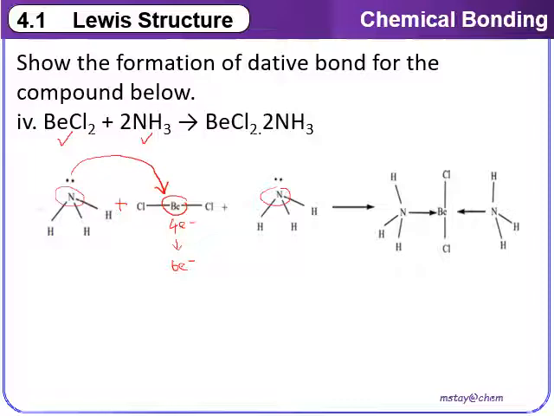So another lone pair from the ammonia will be shared with the beryllium, and in the end the beryllium has 8 electrons like this. 2 are from the initial bonding with the chlorine and another 2 pairs are contributed by nitrogen only and shared with the beryllium. Beryllium has no electron to contribute.